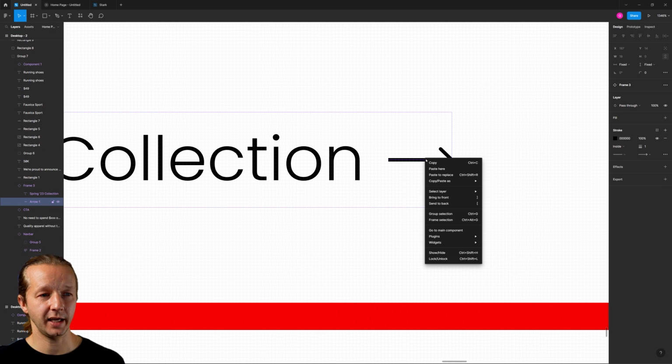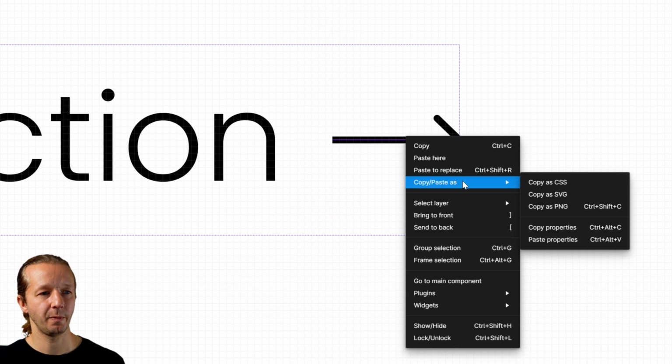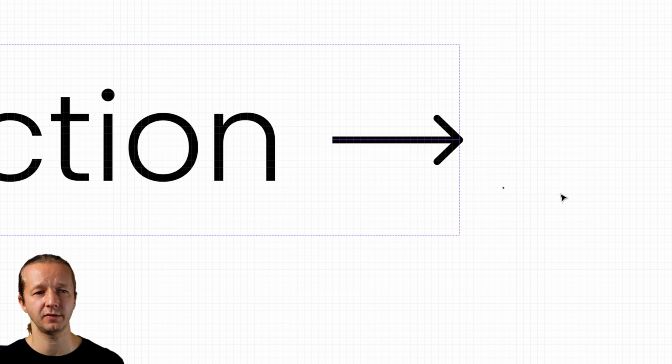We right click it, and let me zoom up, and we choose copy and paste as SVG because this is an SVG element. It's a scalable vector graphic. Anything created inside Figma, like with design illustrations, will typically be SVG. Not PNG, that's rastered in bitmap. You don't want that, and not CSS, SVG.